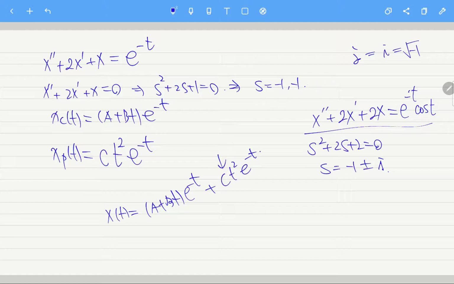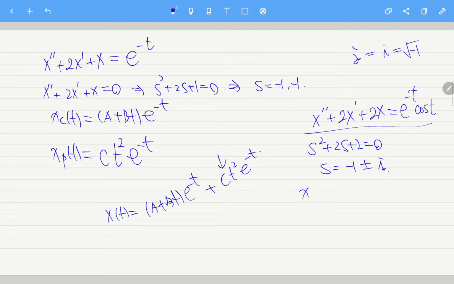But as you know, in electrical engineering, we usually use i to stand for the current. So we generally use j to represent the imaginary number instead. So sometimes I may write j, and you should know. For this case, s squared plus 2s plus 2 has roots minus 1 plus or minus i.